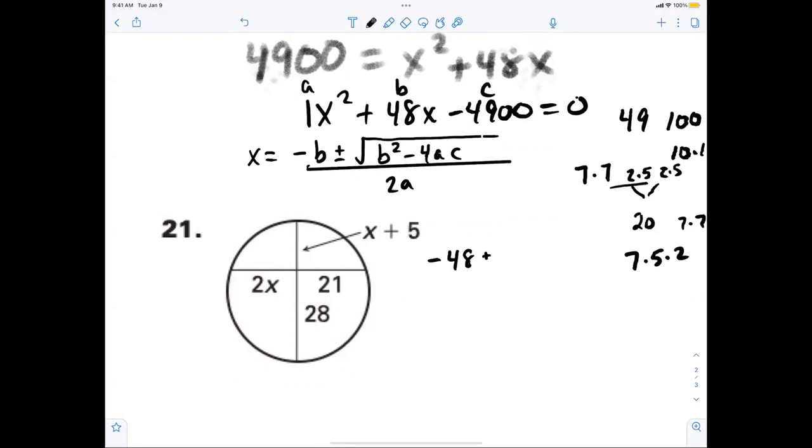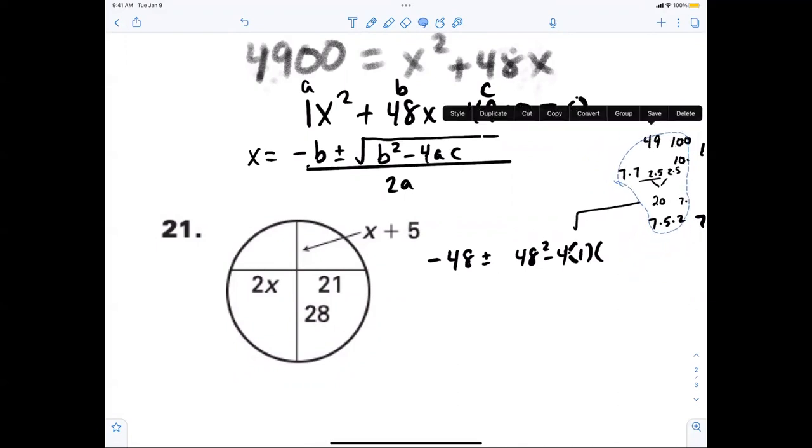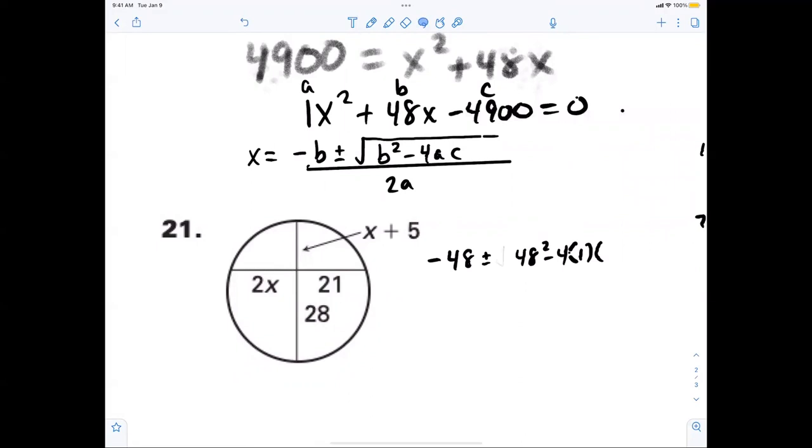So negative 48 plus or minus the square root of 48 squared minus 4 times 1 times negative 4,900, all over 2a, which is just what? 2. All right, so now somebody type in their calculator 48 squared minus 4 times 4,900.